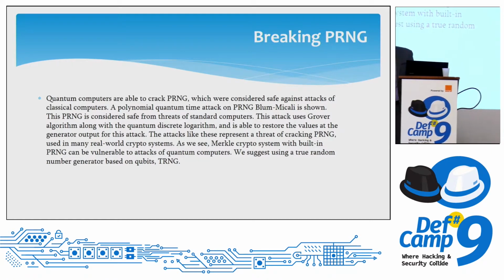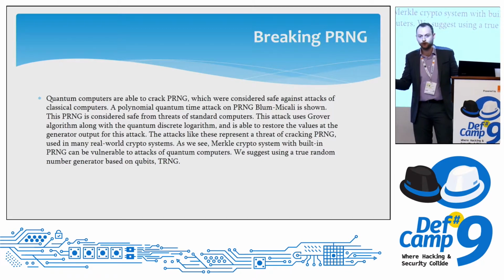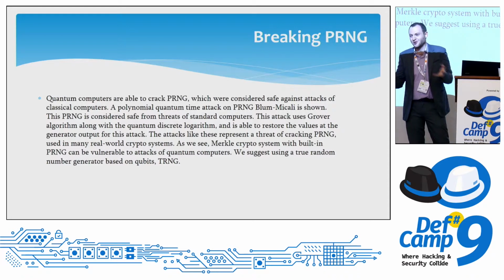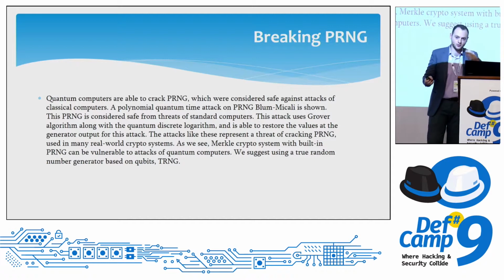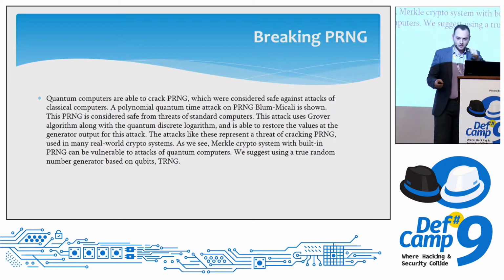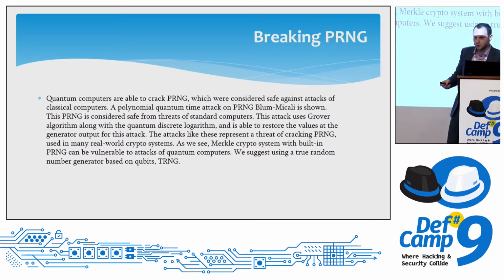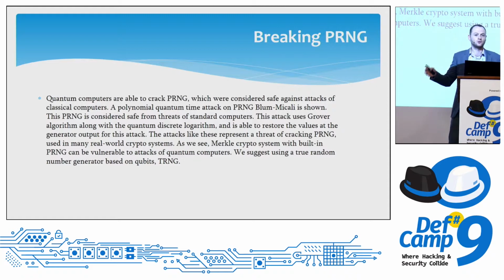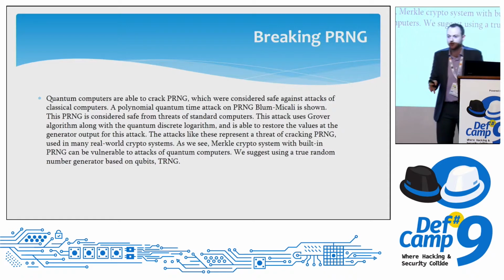It was considered safe and was used in many products. This attack used Grover's algorithm, a quantum algorithm, and the quantum discrete logarithm. Using this method, we can break a lot of pseudo-random number generators that are considered safe today.